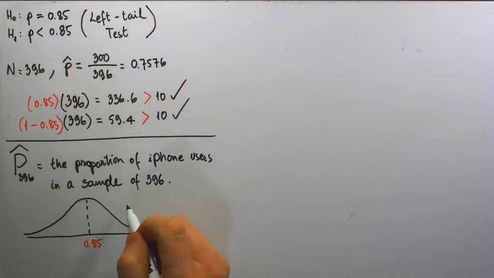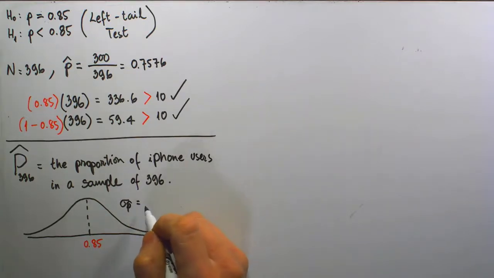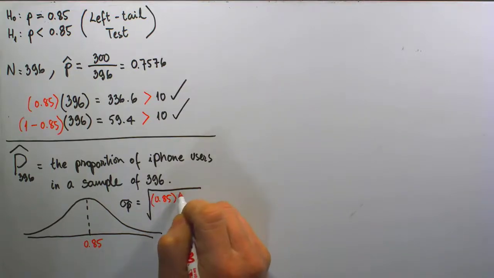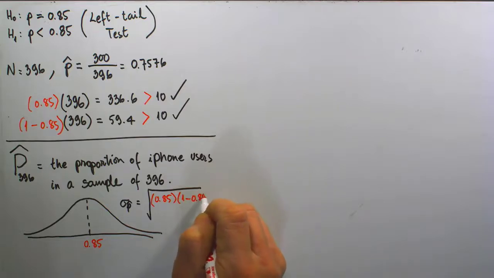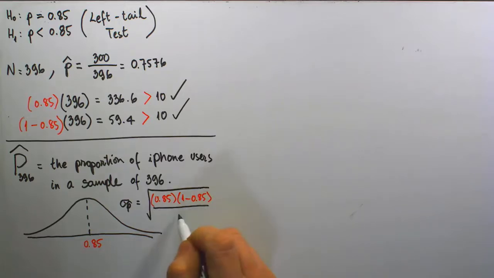This bell curve will have average spread, sigma p hat, being calculated as follows. It's a square root expression, and what we have here is 0.85 times 1 minus 0.85, and divide that product by 396, and the entire quotient is inside the square root. And again, this is the bell curve that represents all sample proportions at size 396.